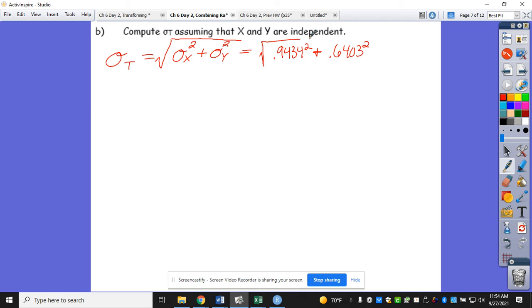Square that, and then take the square root. Which gives us what?